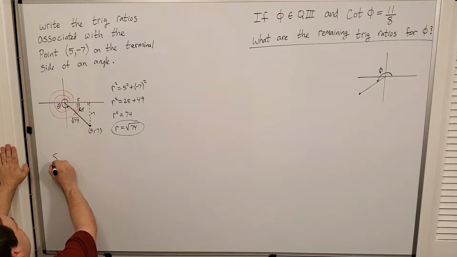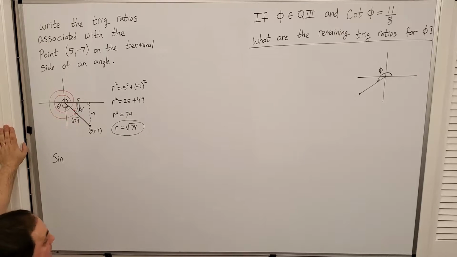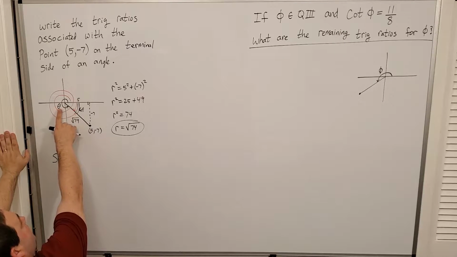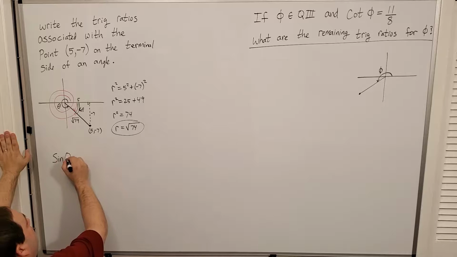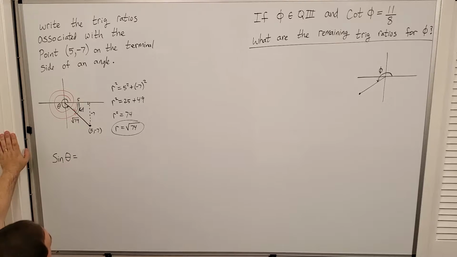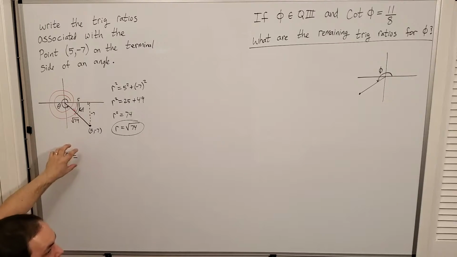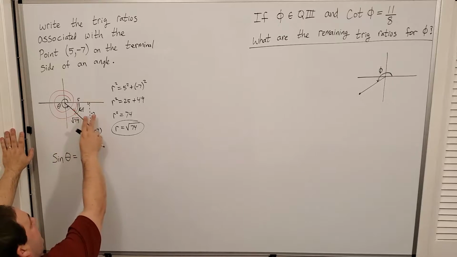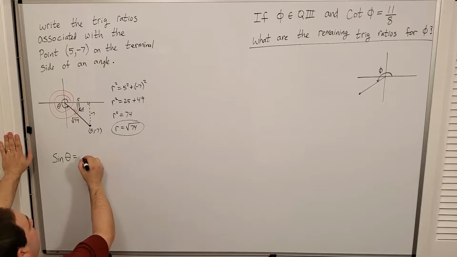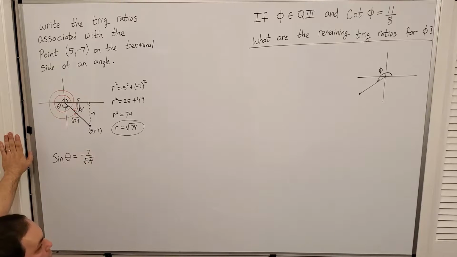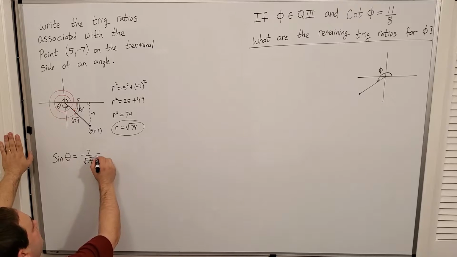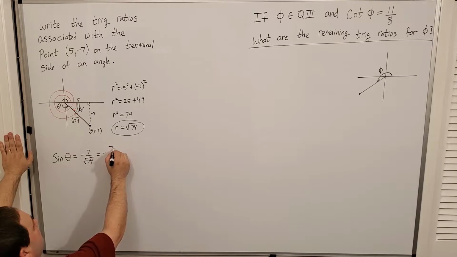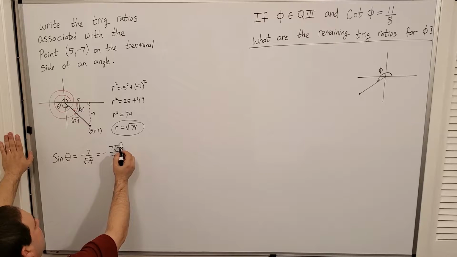Now remember, it doesn't mean anything to just write sin. I have to be applying it to some angle because that's the relationship. The sine of the rotation is then equal to the ratio of -7 over square root of 74, which of course we're going to want to rationalize. So that'll be -7 square root of 74 over 74.